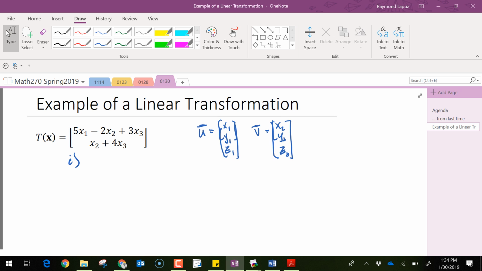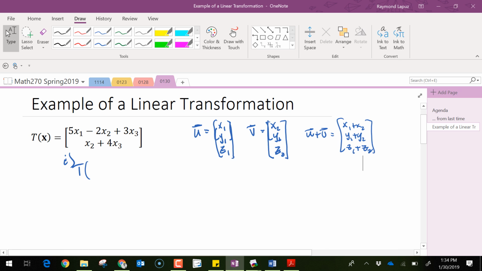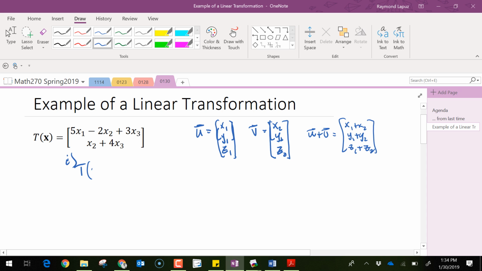So T, we need to figure out what u plus v is equal to. x1 plus x2, y1 plus y2, z1 plus z2. So T of u plus v is T of x1 plus x2, y1 plus y2, z1 plus z2.